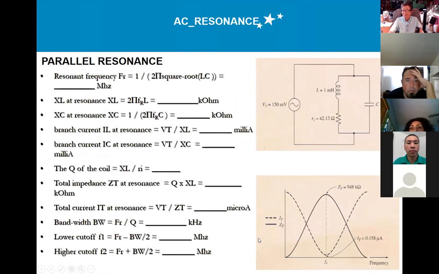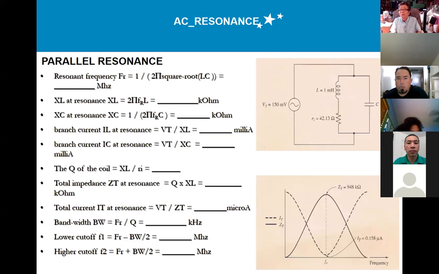Okay, now we go for parallel resonance. You get 150 millivolt, L 1 millihenry, C 25 picofarad, RI 42.13.